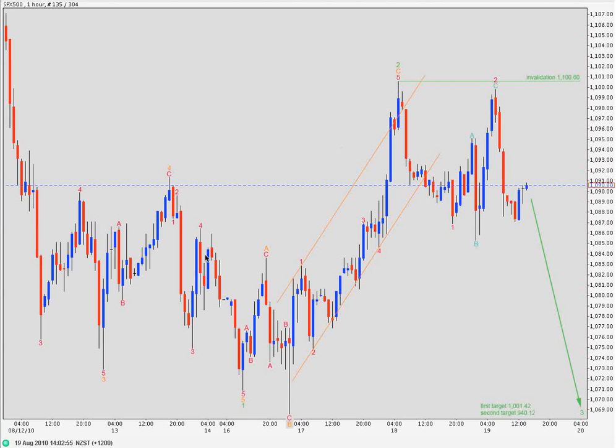A subdivides to a 3-wave structure, as does B, and C is significantly beyond the end of A. In this case, it's a 2.618 multiple of A, and it's just 1.25 points off that nice 2.618 length of A. So if wave C for an expanded flat moves beyond the 1.618 target, the next target is 2.618, and this one is fitting the textbook description of an expanded flat absolutely perfectly.